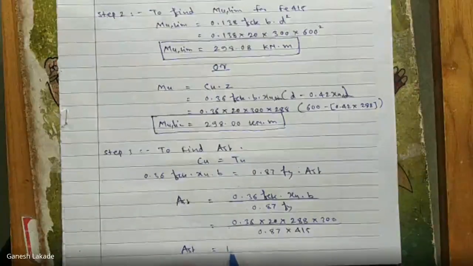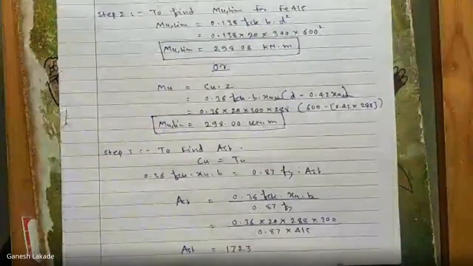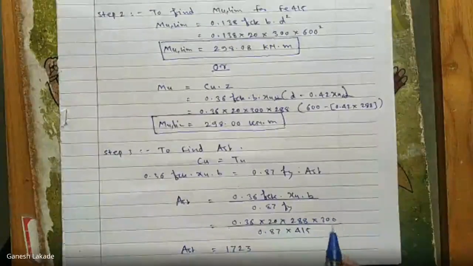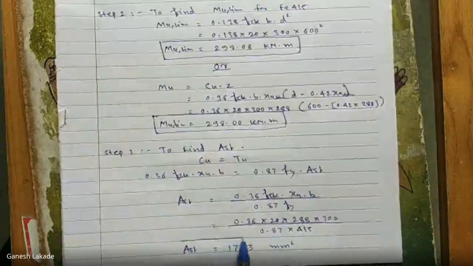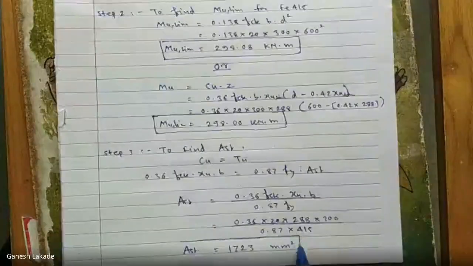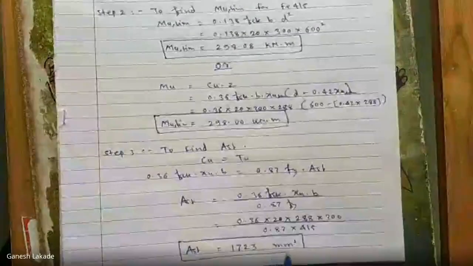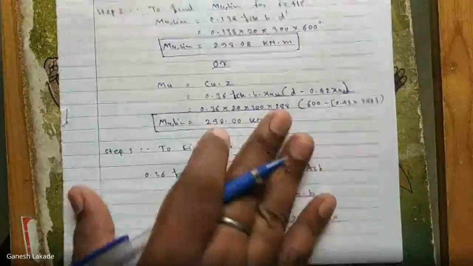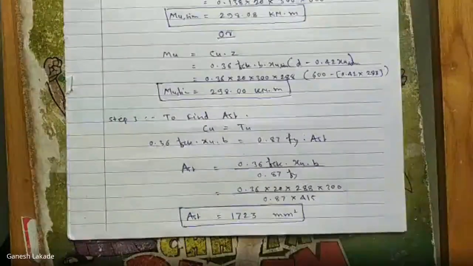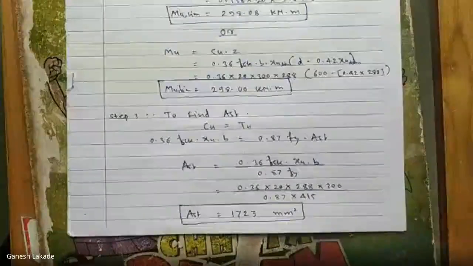AST will be equal to 1722.97, so I'll write it as 1723 mm square. Area of steel is equal to 1723 mm square. So this is the answer to our question.